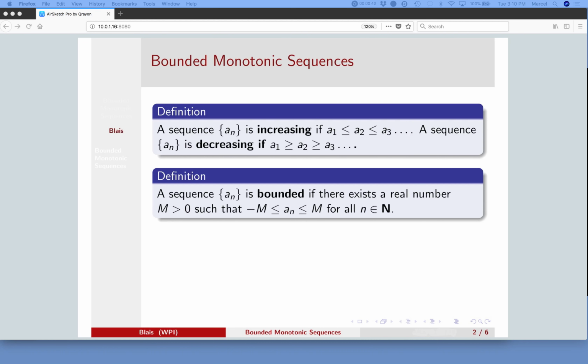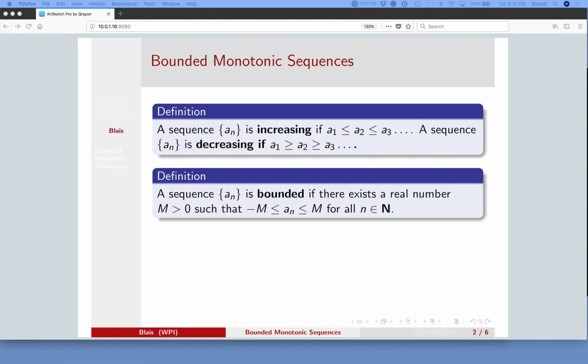Similarly, we say a sequence a sub n is decreasing if the numbers are getting smaller. So a1 is greater than or equal to a2, greater than or equal to a3. You will often hear this described as a monotonic property.